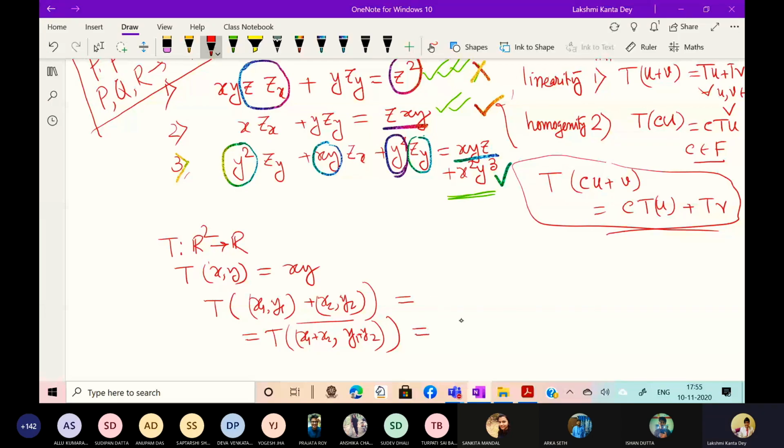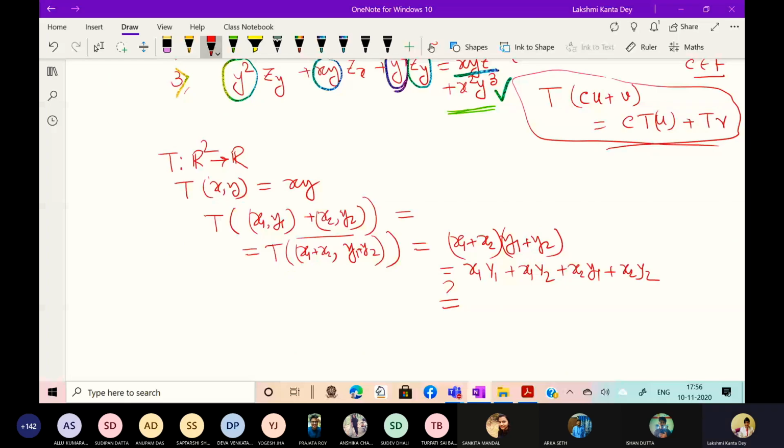How can it be defined? This is x1 plus x2 into y1 plus y2, so this is x1 y1 plus x1 y2 plus x2 y1 plus x2 y2. Can you write this as T of (x1, y1) plus T of (x2, y2)?